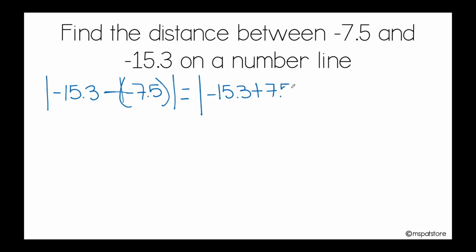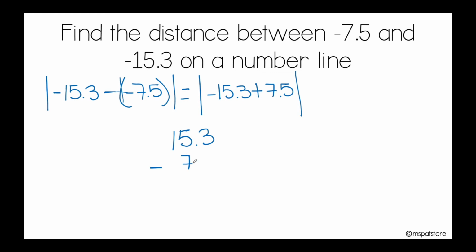As you can see, they have different signs. When they have different signs, you need to subtract them. So absolute value of negative 15 and 3/10 is positive 15 and 3/10. Now I'm going to subtract the absolute value of positive 7 and 5/10, which is positive 7 and 5/10.